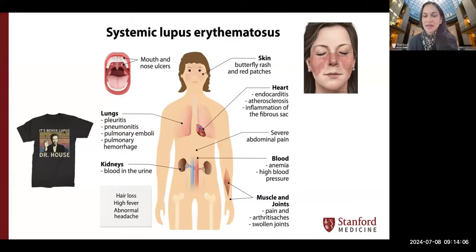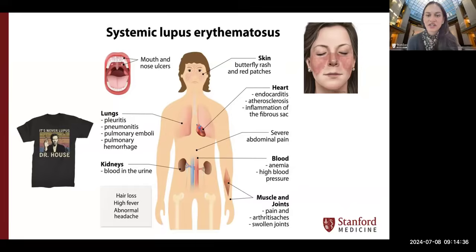They can treat many things, but if they have a specific heart abnormality, they might see cardiology, or a specific lung abnormality, they might see pulmonary, or if they have a hematologic abnormality with a worsening anemia or thrombocytopenia or low platelets, they might go see hematology, and rheumatology deals with all the muscle and joint issues. And then if they have kidney issues, which they should be screening for in lupus patients, then they'll get referred to me.